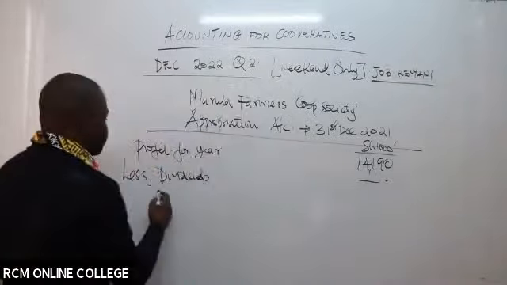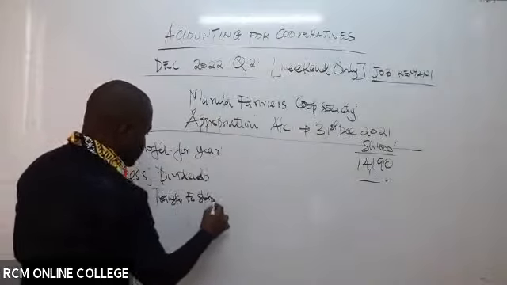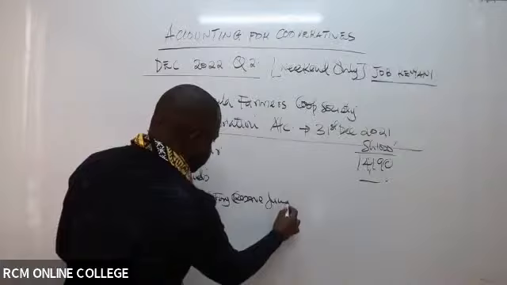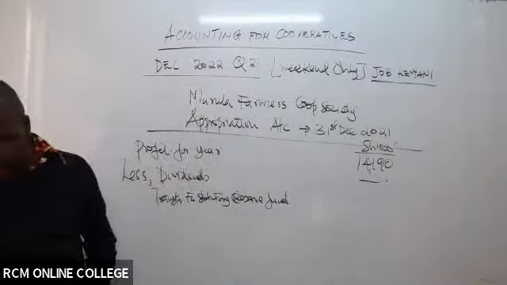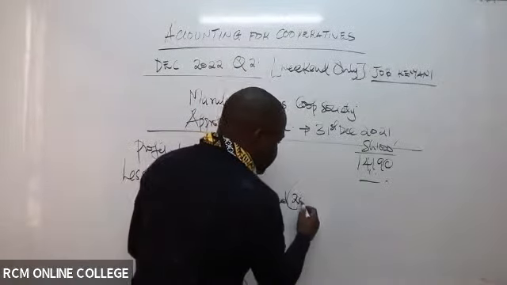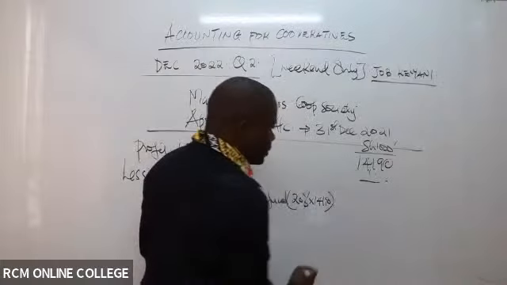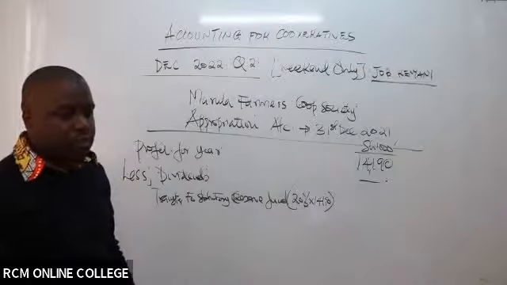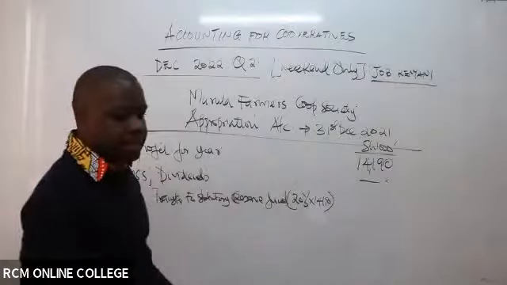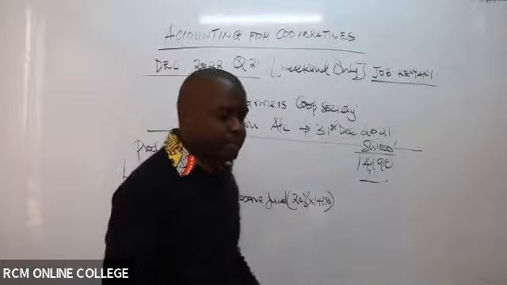But of course, there is a transfer to the statutory reserve fund, which in this case will be 20% multiplied by 14,190. What do you get? 20% of 14,190, you get 2,838.